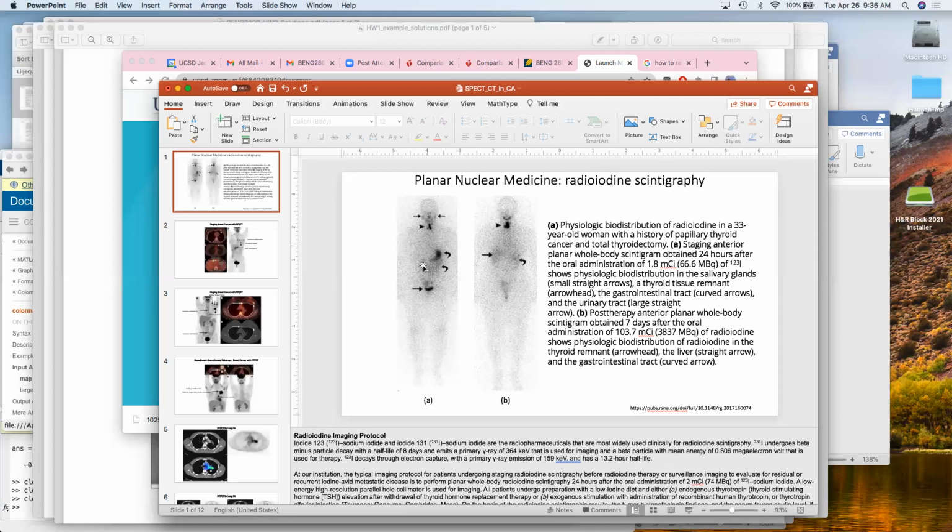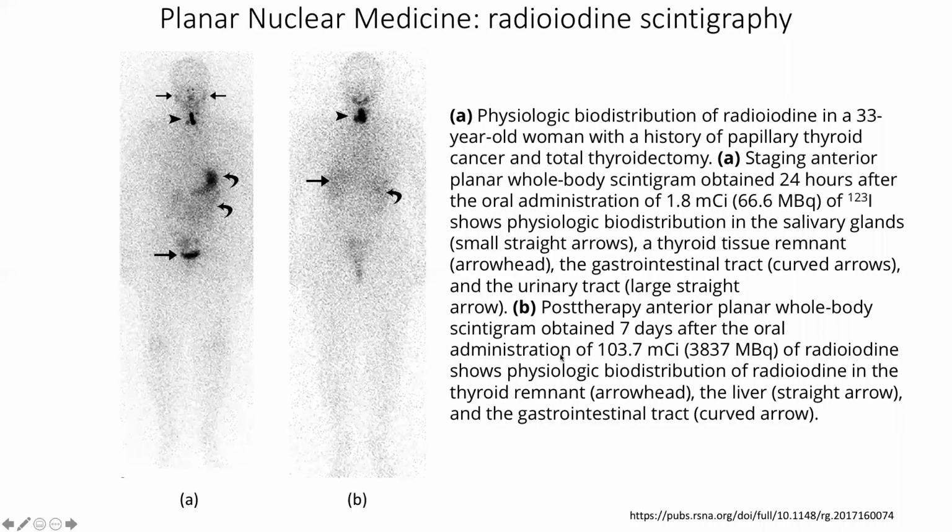So this slide here, this is just planar scintigraphy. This is like SPECT, but you don't move the camera. You just keep it in one plane. This is the way nuclear medicine started back in the 60s, perhaps.